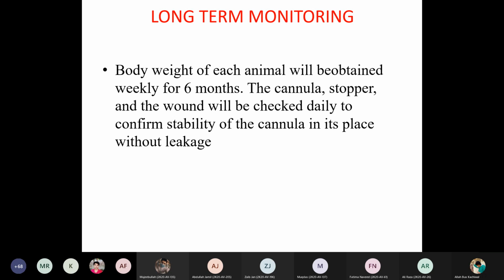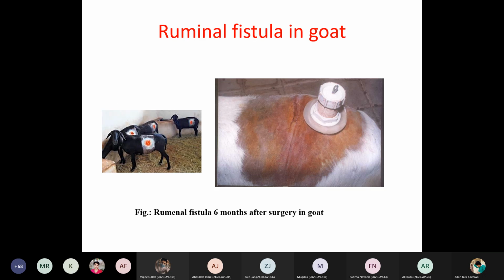The cannula stopper and the wound will be checked daily to confirm stability of the cannula and its placement without leakage. So you can see the fistula in the goat. This experiment was carried out in the Department of Surgery, where we placed the rumen fistula, and then the nutritional analysis was performed on the goats.